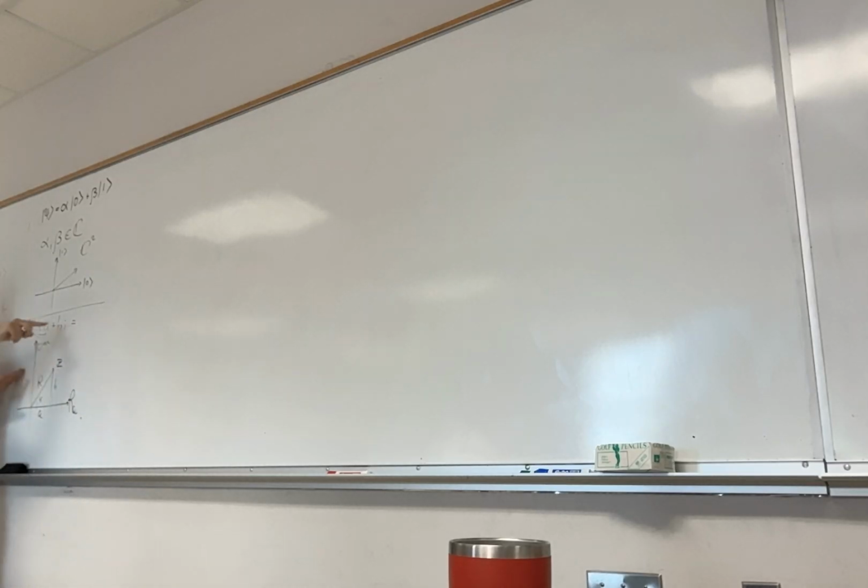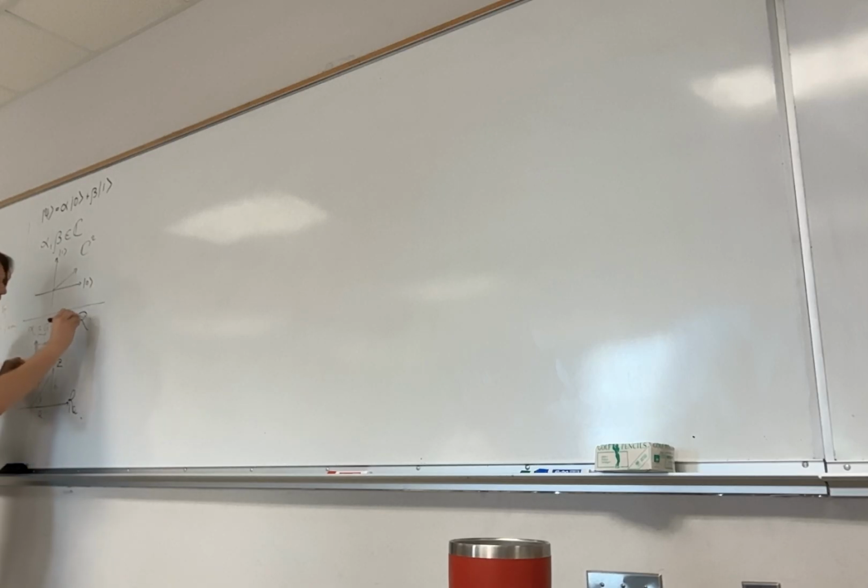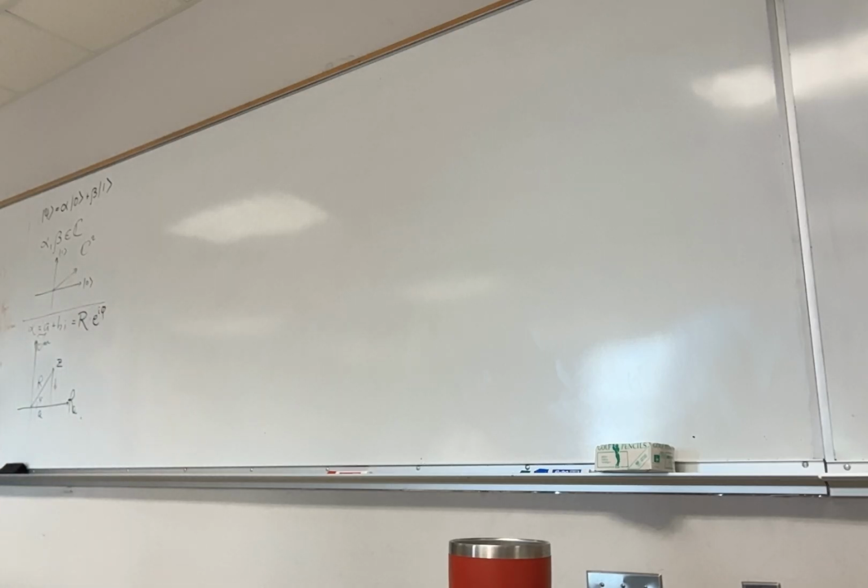So what is the equivalent way of writing this number in terms of these? Is this familiar to people? I can write it as the magnitude of this number, the absolute value of z, times e to the i phi.